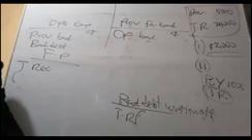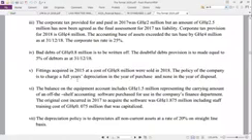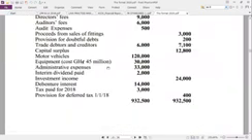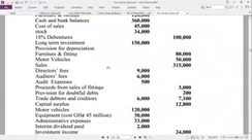So first, in the trial balance, the open balance is what? 200 for the provision. The open balance is 200. Good.